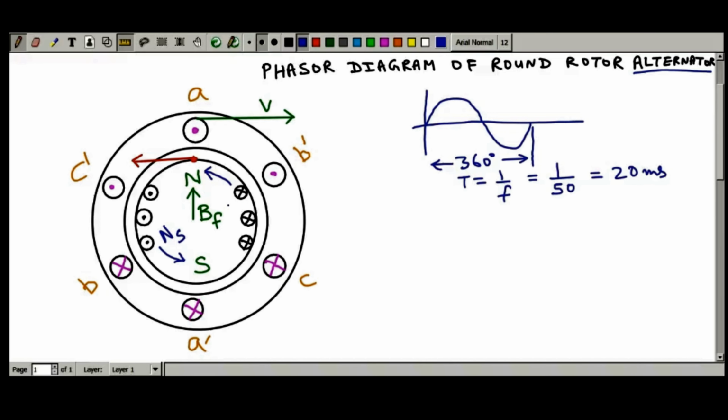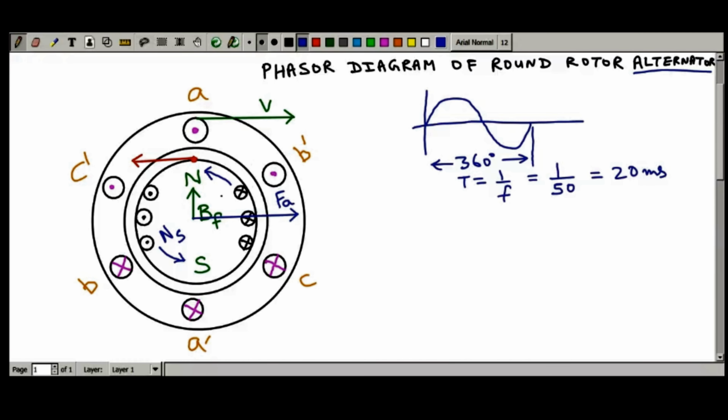So in that way, we have to visualize that armature MMF FA is also rotating, but at what speed is it rotating? It is rotating at synchronous speed, that is ns, and we are calling this FA. A stands for armature, and FA is also rotating at synchronous speed.